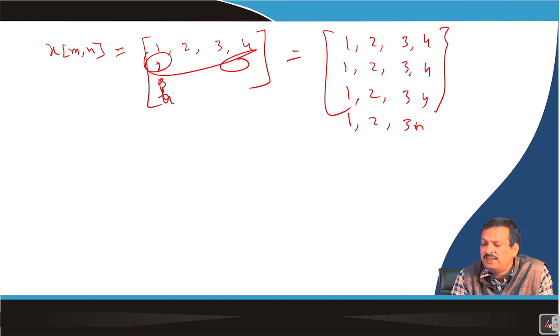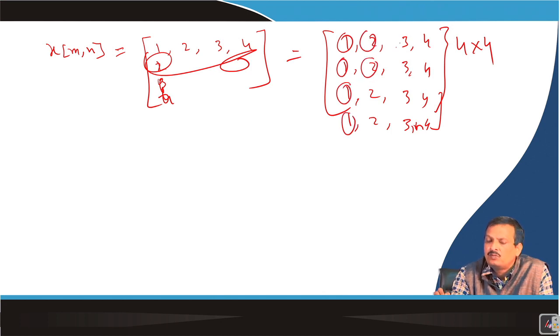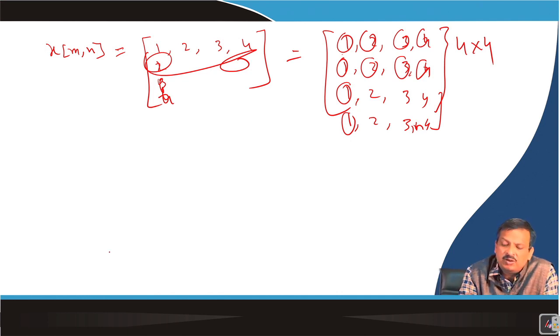So, this is a 4 by 4 image. Those are the values of the pixels. So, this is nothing but x of m n.